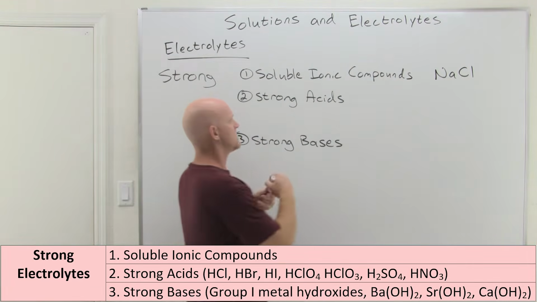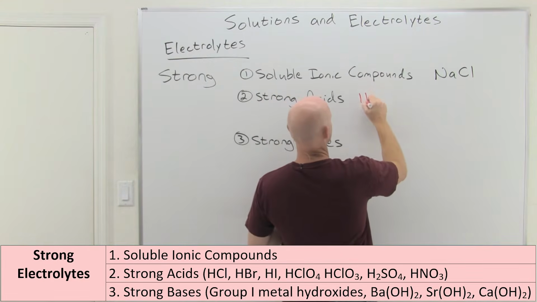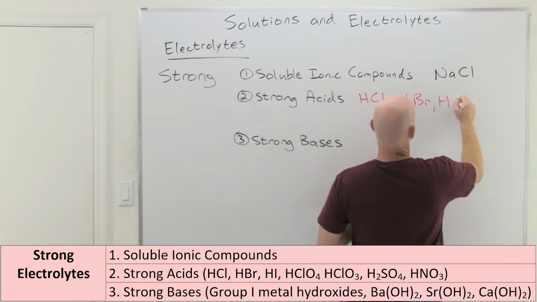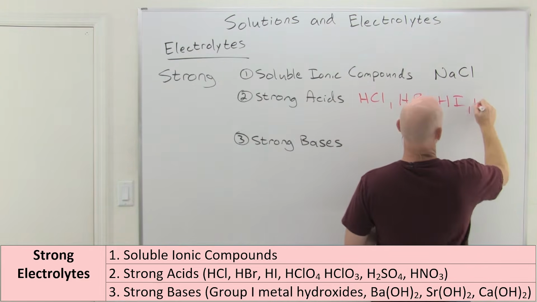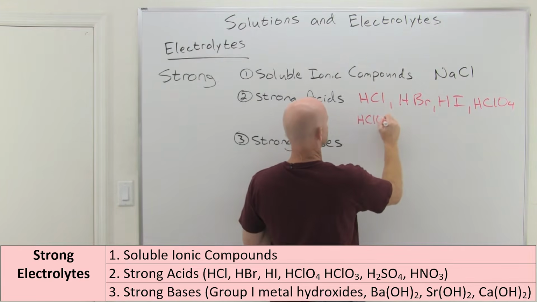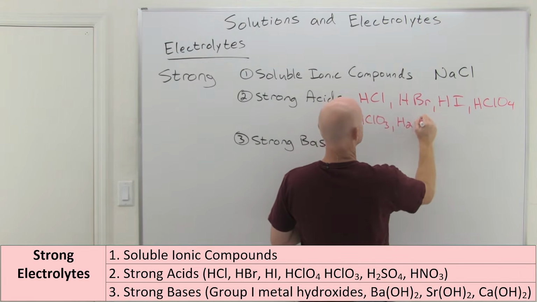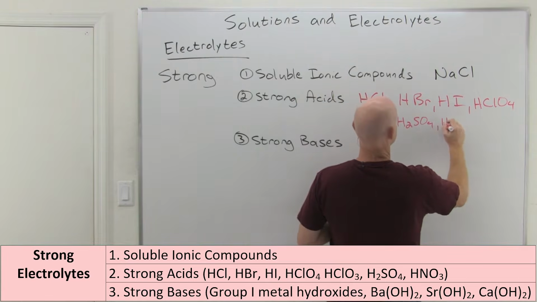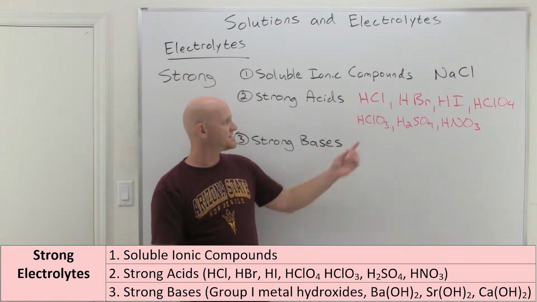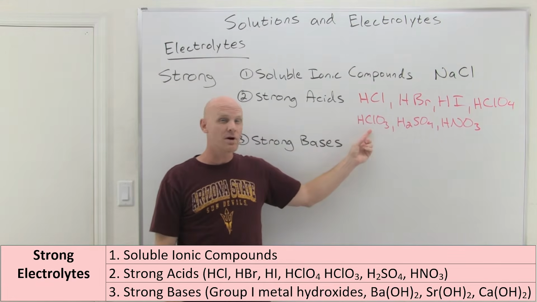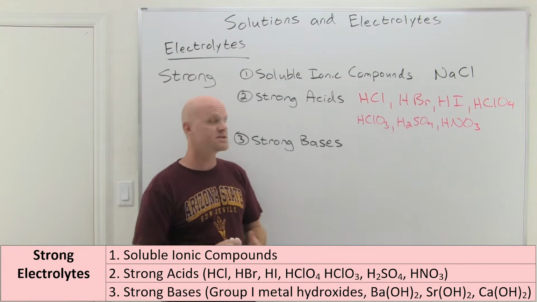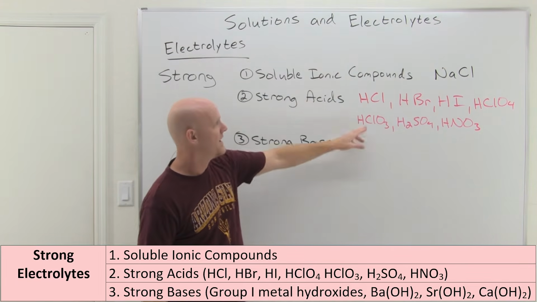Your strong acids include HCl, HBr, HI, HClO4, here's the sometimes one, HClO3, H2SO4, and HNO3. Those are the 7. Again, HClO3 is kind of the sometimes strong acid. Some people do include it, some people don't. Go with whatever your textbook or instructor is going with. But here are the 7.